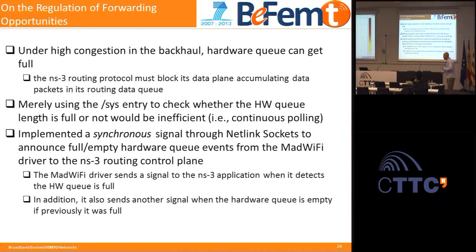Another thing we had to deal with was the scheduling between the application queue, the queue located at the application layer, and the queue located at the kernel level. Because if the hardware queue gets full, the application queue must be somehow stopped. So we have to deal with some kind of scheduling between the two queues. How do we deal with that?